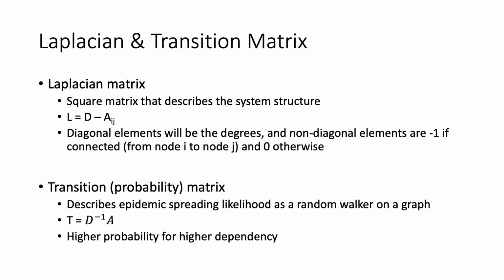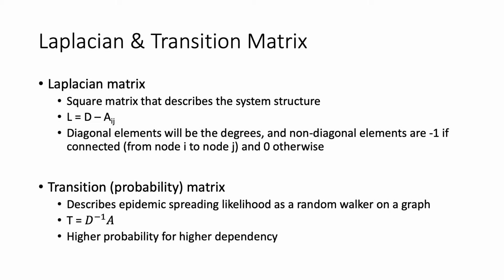We can develop these two graph theoretic elements to represent the behavior of the system. And we can start with considering the Laplacian and transition matrices. The Laplacian matrix is, in this case, also an 18 by 18 square matrix that describes the system structure.